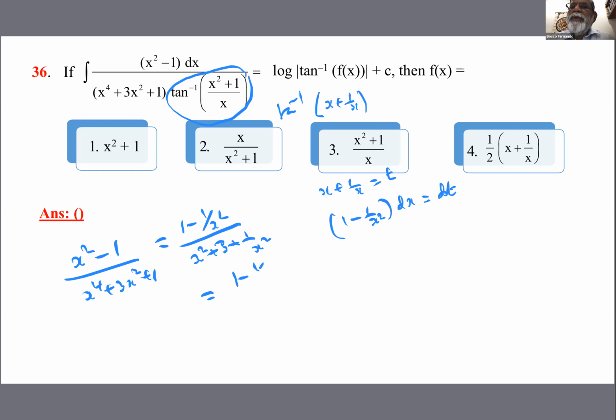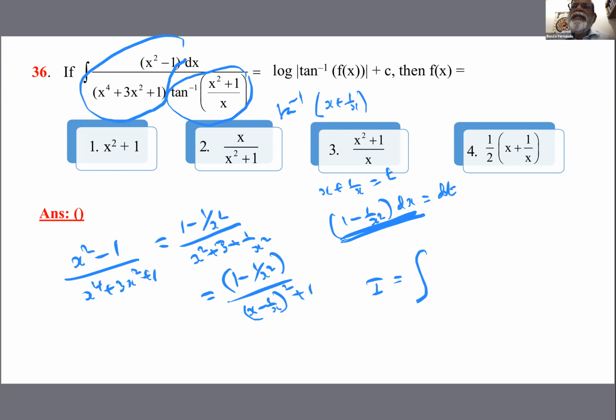So 1 minus 1 by x squared we want because of this. So this denominator I can write x minus 1 by x whole squared plus 1. So when you put that, it will become integral x squared minus 1 by this part, that is dt divided by t squared plus 1. And this is a tan inverse of t.